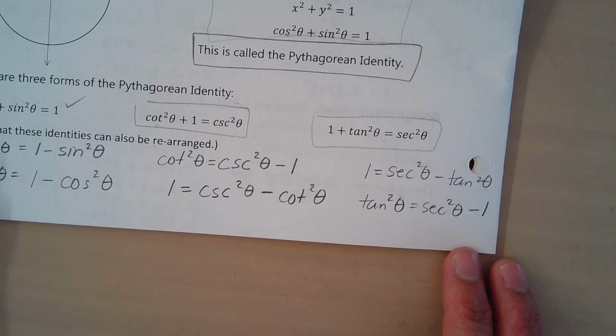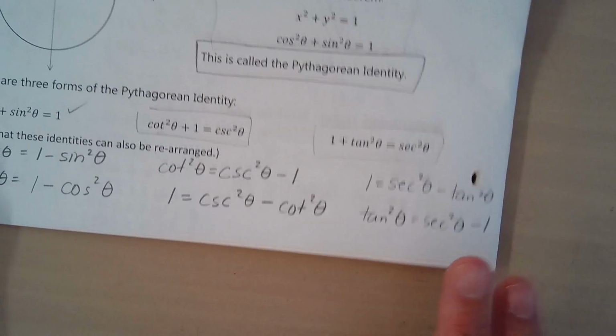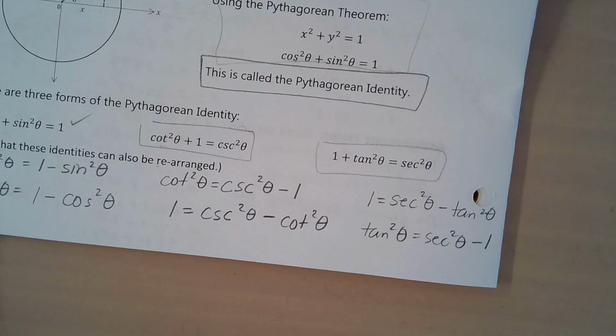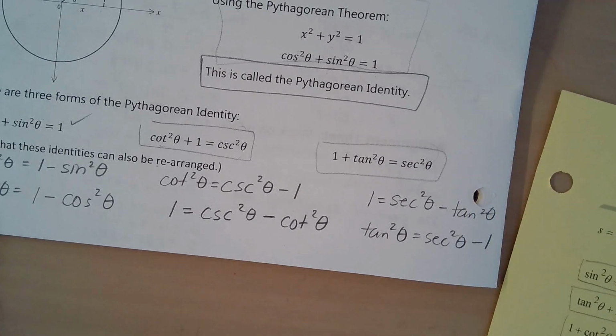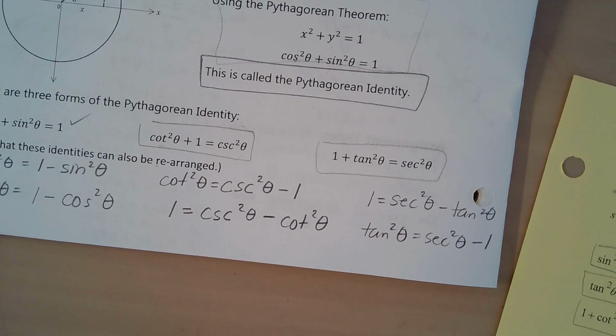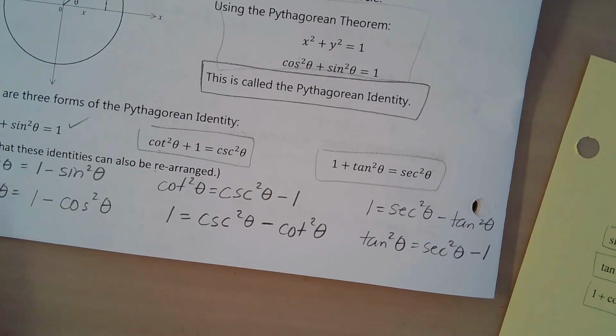Is that okay? It's not too bad, right? Okay. So that's just to expose us to the Pythagorean identities.